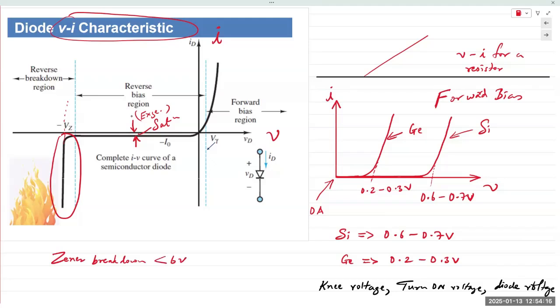And there are diodes that are specifically designed to operate in the reverse bias. The reason is it can handle large amounts of current flow while keeping the voltage across it nearly constant. As you can see from the characteristic, voltage can now be increased.